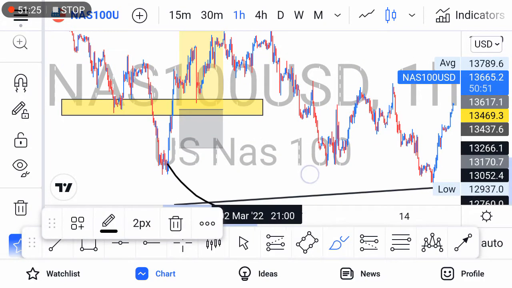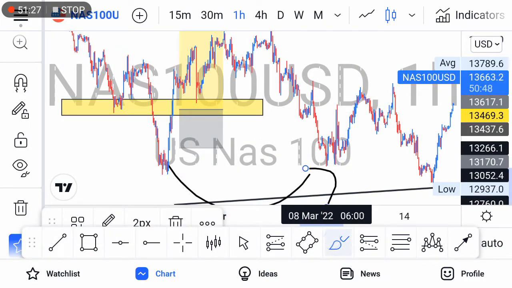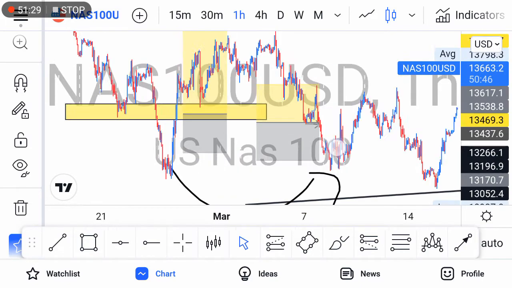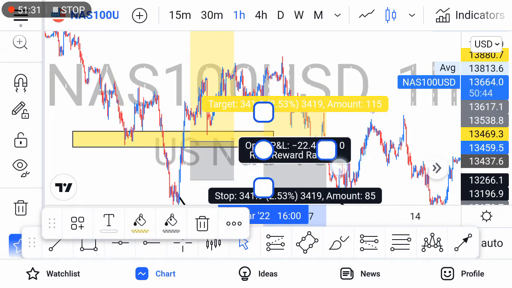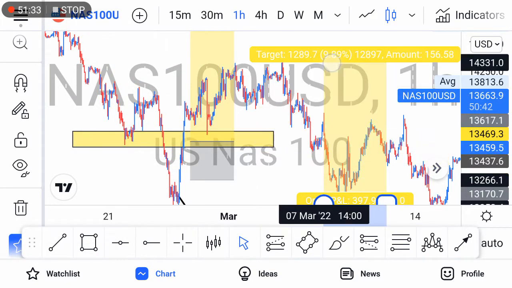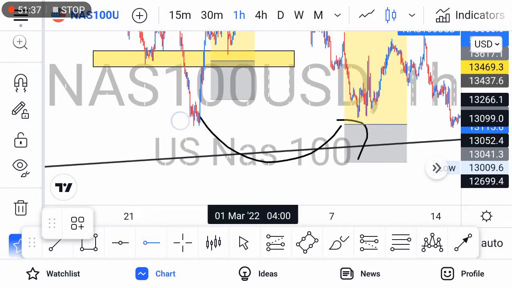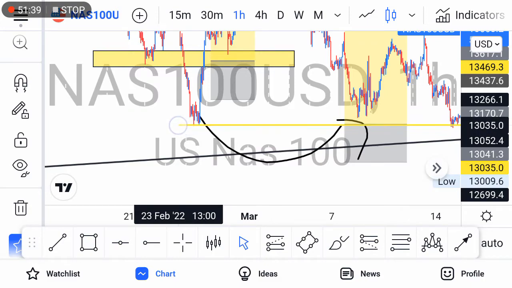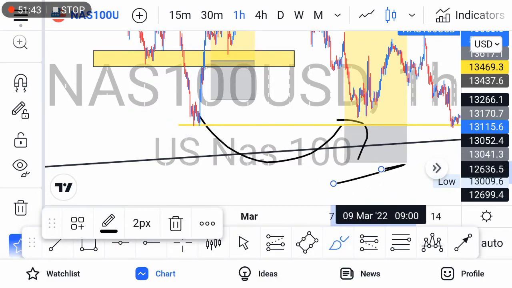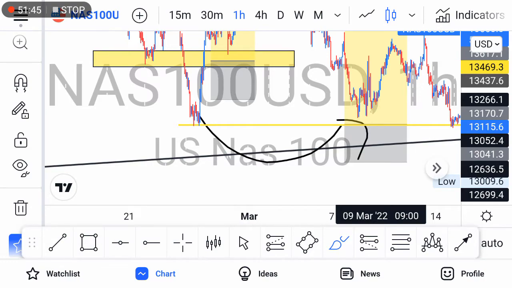What do we expect? We expect a double bottom. Here we enter and we say our stop loss is below this head here, or our stop loss is outside this supporting trend line.